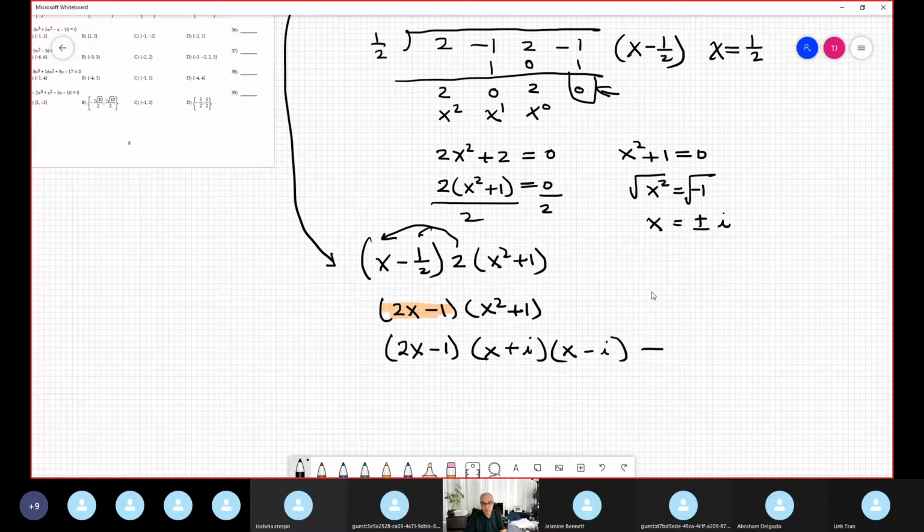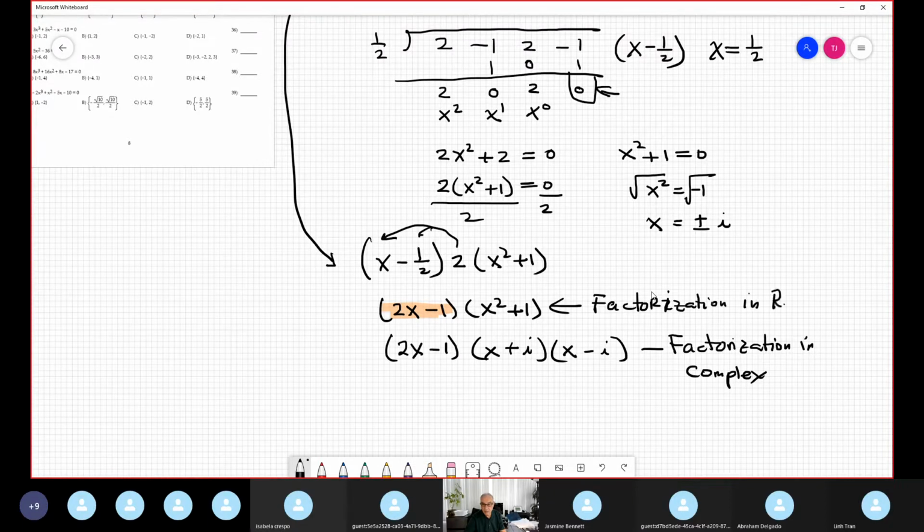This is the factorization in the complex, and this is the factorization in real, in which you can consider that this expression is an irreducible quadratic. Es a quadratic expression que contain zero complex or imaginary. So leave it like that.